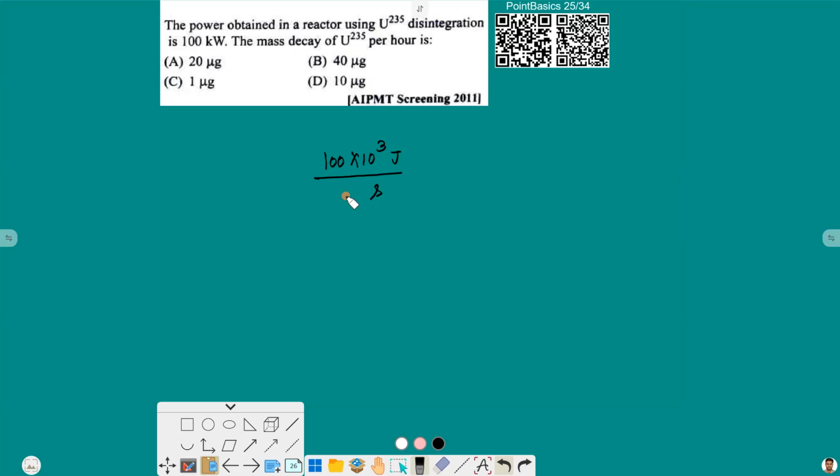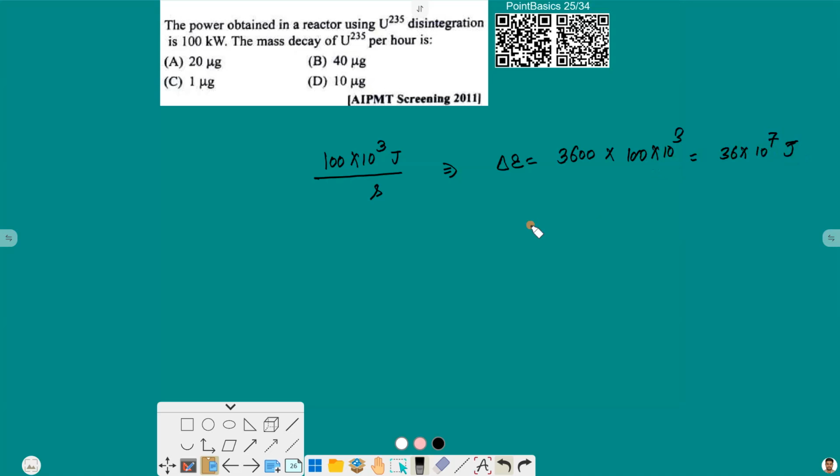We have to find out the decay per hour. So this is the energy liberated per second. The energy liberated in an hour will be 3600 into 100 into 10 raised to power 3, that will be basically 36 into 10 raised to power 7.